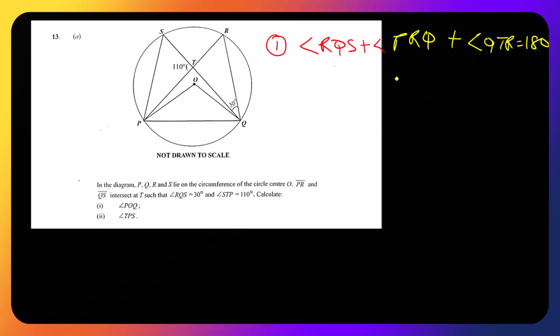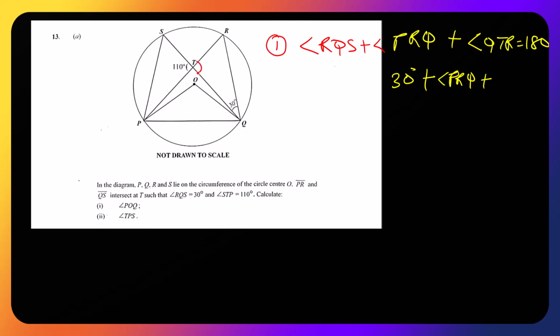We know angle RQX is 30, plus PRQ unknown, plus angle QTR.